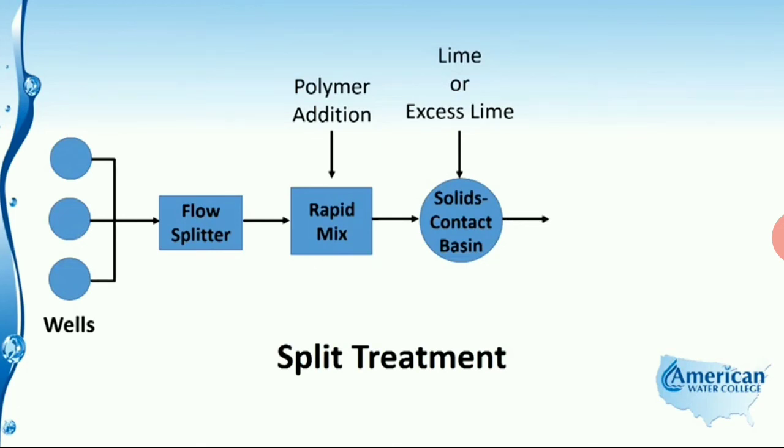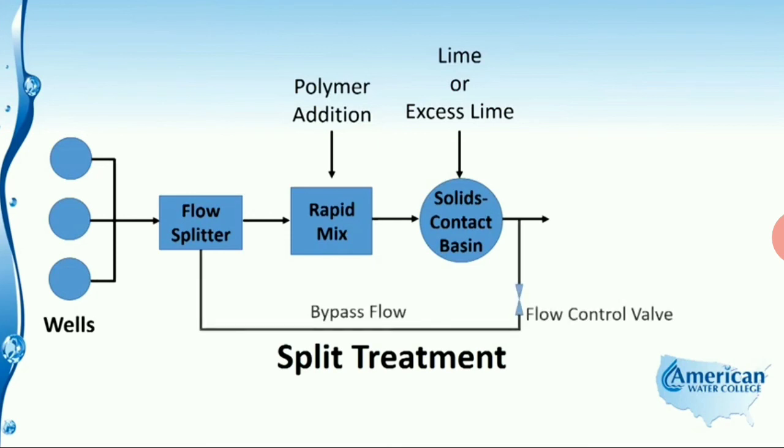But back to the flow splitter, we can bypass the rapid mix and the solids contact basin through this flow control valve, and this allows us to treat part of the water. So we're bypassing some of the flow, which is going to maintain the hardness and the alkalinity, and a portion of the flow will be treated.